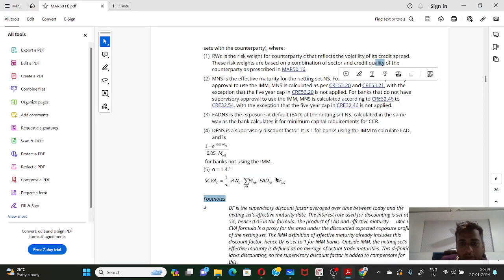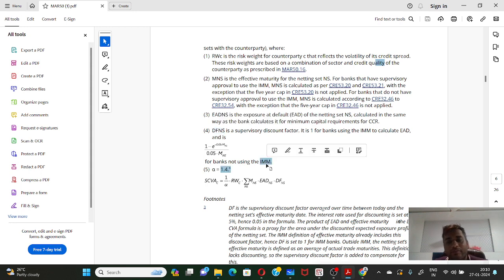So you have MNS. Then EADNS is the exposure at default of a netting set, calculated the same way as the bank calculates for minimum requirements. And DFNS is the supervisory discount factor. It is one for banks using IMM to calculate EAD, and it is given by a formula for banks not using IMM.